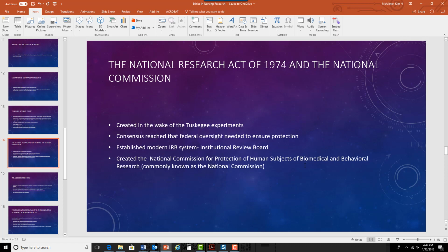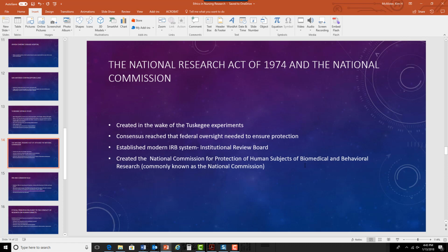In the wake of the Tuskegee situation, there was a move to create a National Research Act, and also a national commission was formed to look at research, to look at how to protect humans from research and also from behavioral research. The commission came together and established our modern IRB system, the Institutional Review Board.